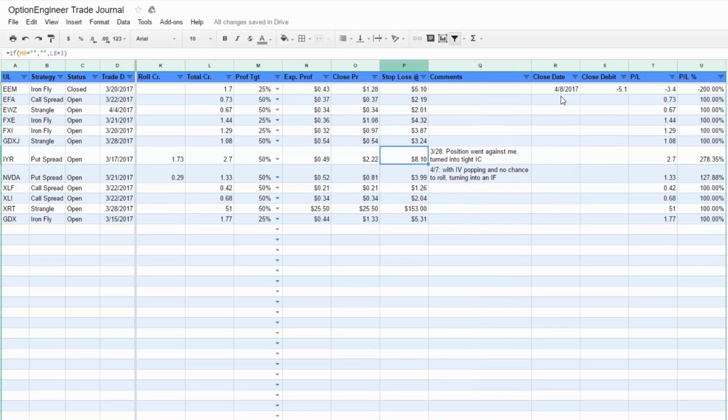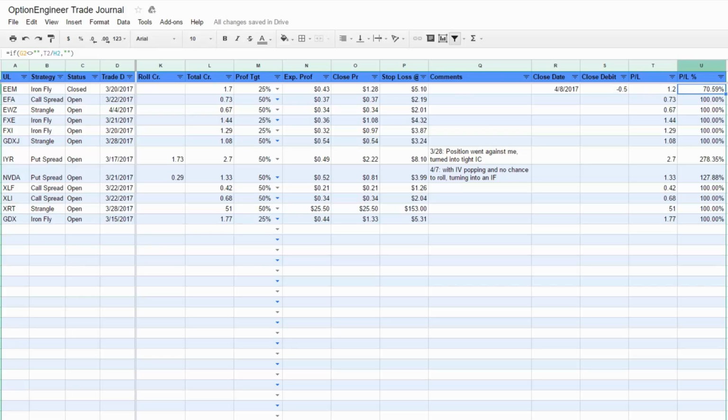And when you actually do close out positions, so for example, let's ignore this because this is not true. Right now this EEM Ironfly is open, but if I put in, let's say, a closing date of today, and then I close it out for 50 cents, it'll calculate your profit and loss and the profit and loss percentage of your max credit received.